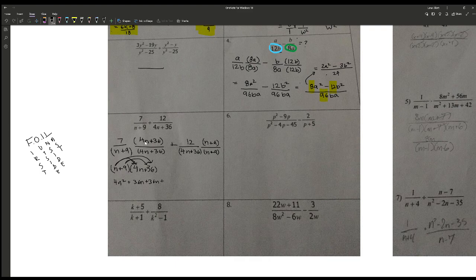Plus 9 times 36 is 324. So simplifying this, we get 4n squared plus 72n plus 324. All of these numbers, we're just going to leave it as that.